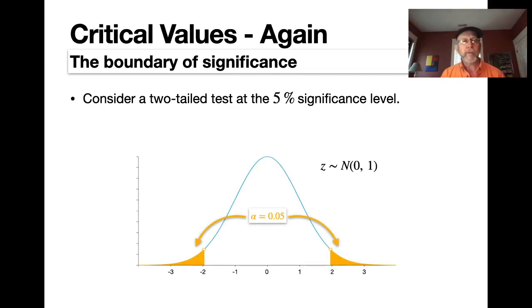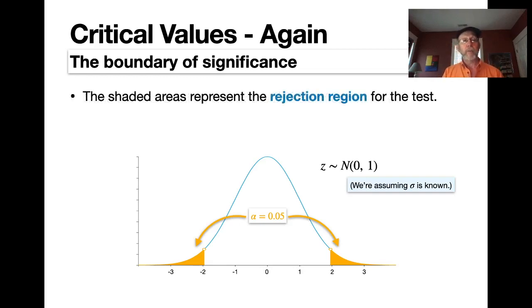So here I'm showing the z-scores, and the shaded region corresponds to values that would cause us to reject the null hypothesis, right? I am assuming that sigma is known here. If sigma weren't known, we would have to use the t-distributions, which we'll discuss in a few minutes. That shaded region is called the rejection region for the test, for the obvious reason that if you're in there, you're going to reject the null hypothesis.